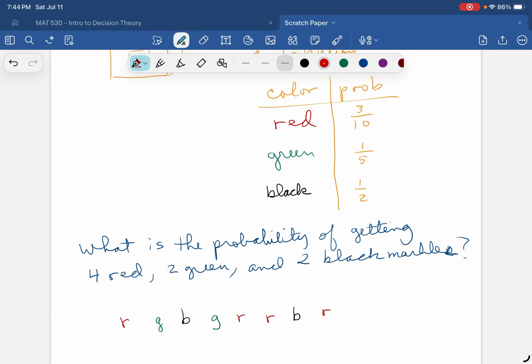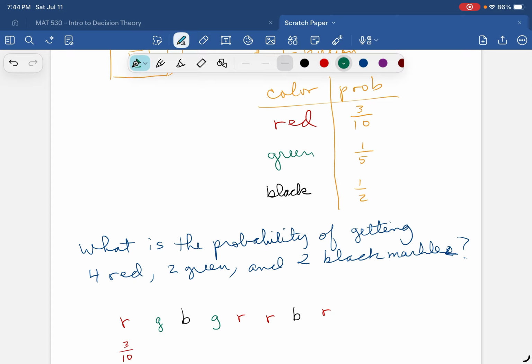So then we need to think about, first of all, what's the probability that we got this exact occurrence? And then how many other ways could we get 4 reds, 2 greens, and 2 blacks? So let's think about it. Well, the probability that we could get a red on the first time the machine gives us a marble, that's 3/10.